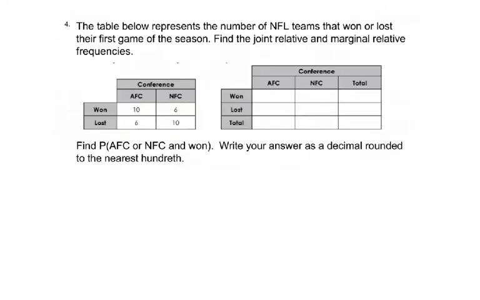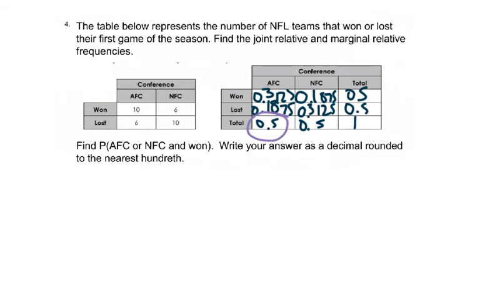Okay, so let's look at this one. I'm just going to go ahead and fill out the second table. It's really hard to read my writing, but find the probability that they were AFC or NFC and 1, and then write your answer. So the probability that they were AFC is 0.5, or they could have won.